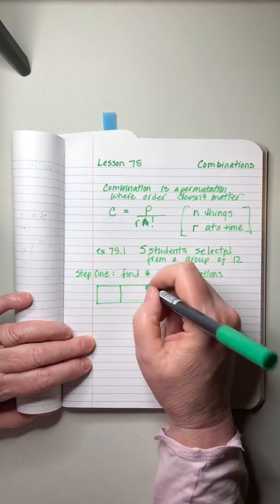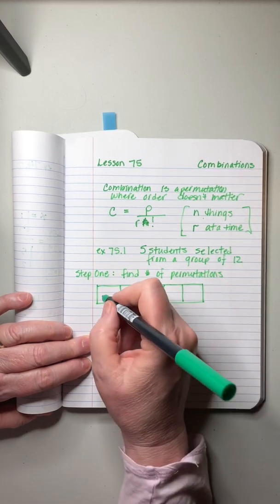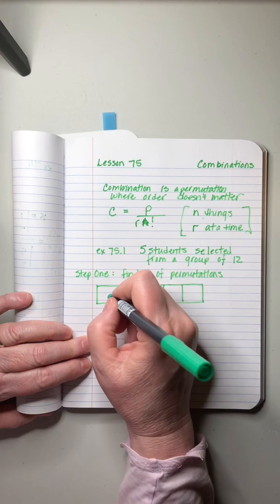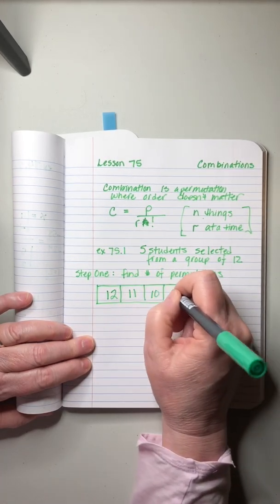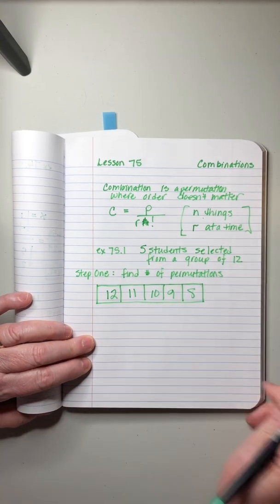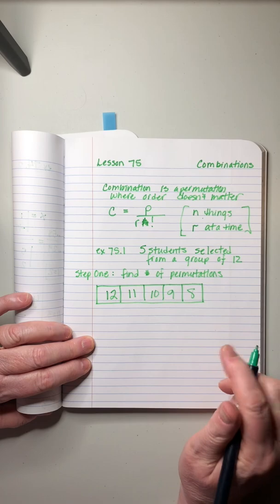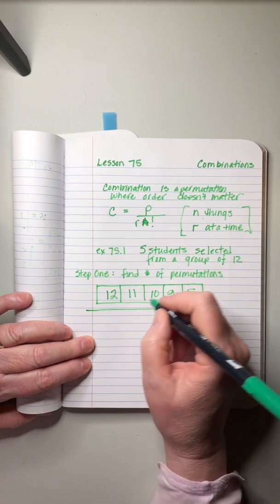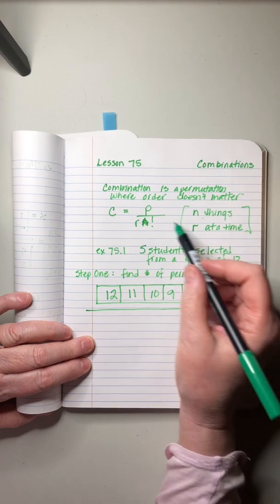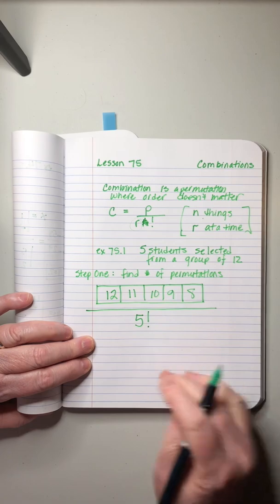Okay, so we're selecting a group of 5 from a group of 12. So for the first chair, if you will, we have 12 to choose from, then 11, then 10, then 9, then 8. Okay? That's the number of permutations. But we have to divide that by the number that we're choosing, R. That number factorial.